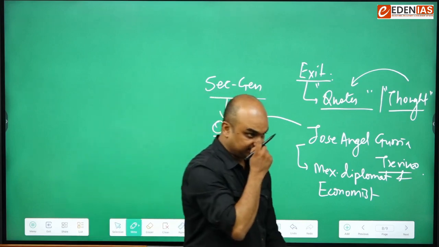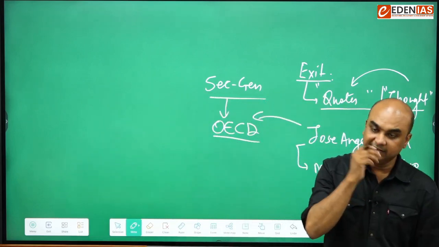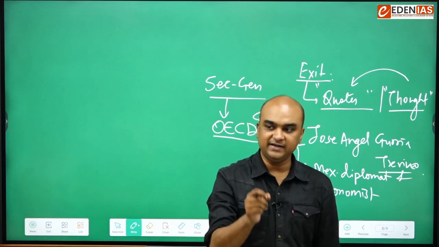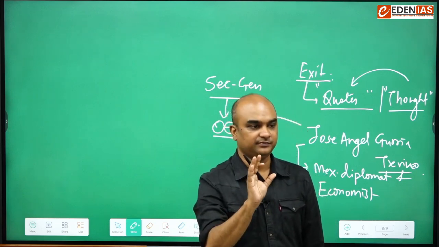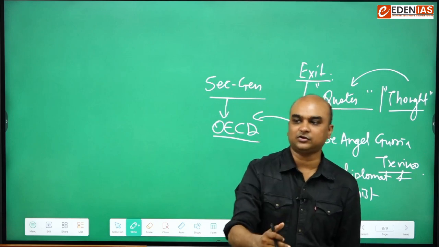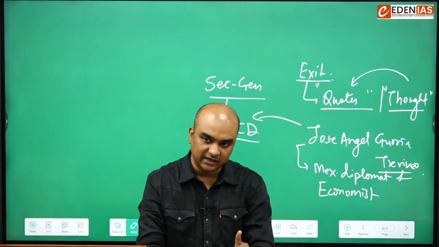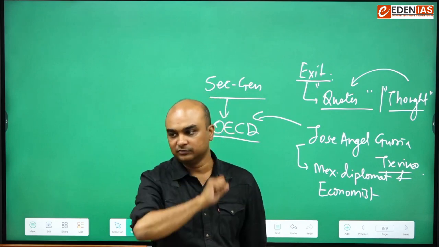What did he say? He said, integrity, transparency, and fight against corruption has to be a part of the culture. They have to be taught as fundamental values. Write it down.